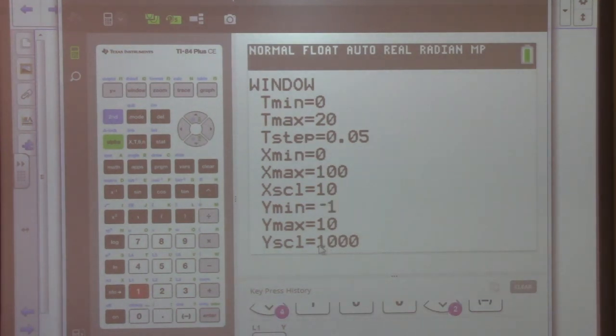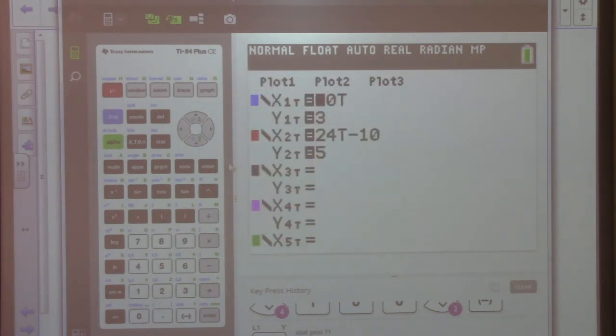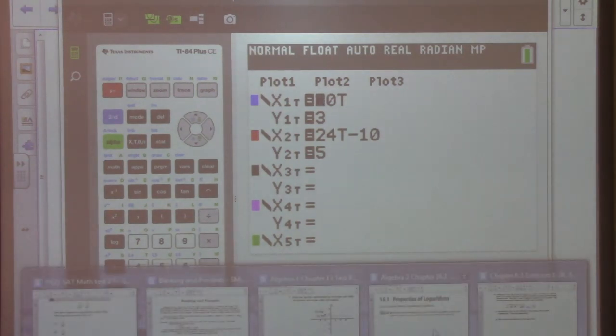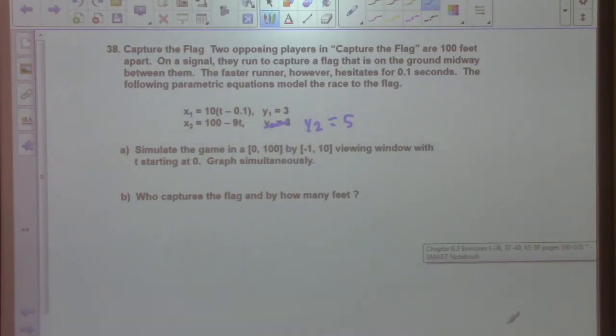So that's good. I think your T-step is probably good as it is. And then you go to your equation. I'll make sure I have it right here. We have 10 times quantity t minus 0.1.